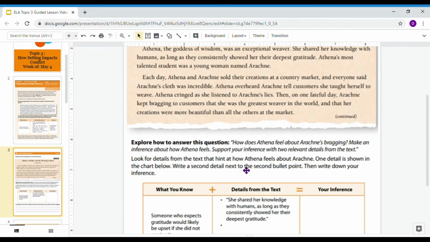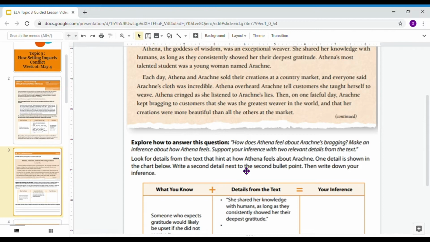So we're going to be looking at this question. How does Athena feel about Arachne's bragging? Make an inference about how Athena feels. Support your inference with two relevant details from the text. So the author doesn't necessarily state how she feels.